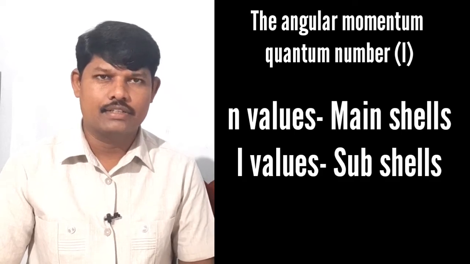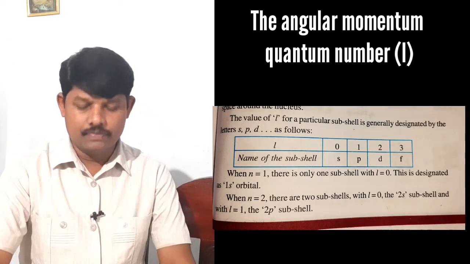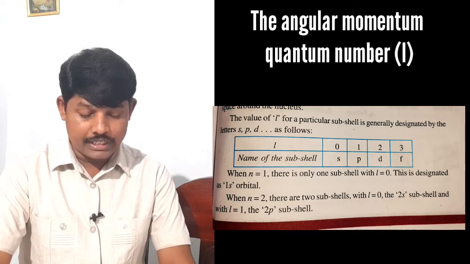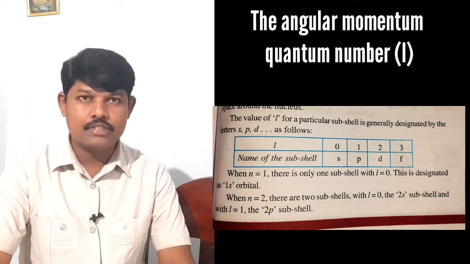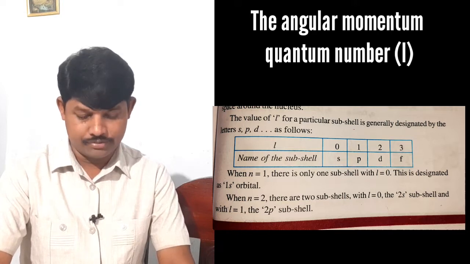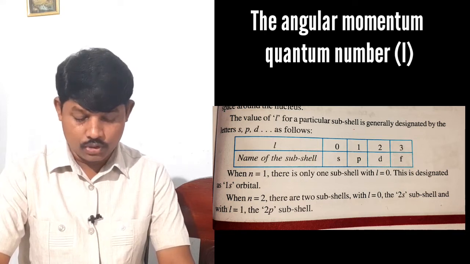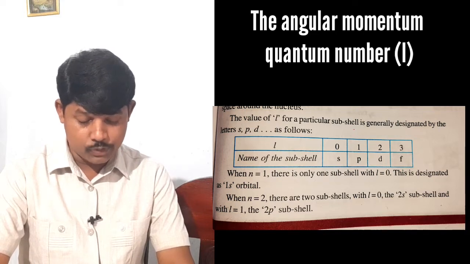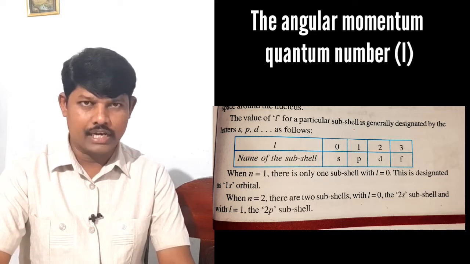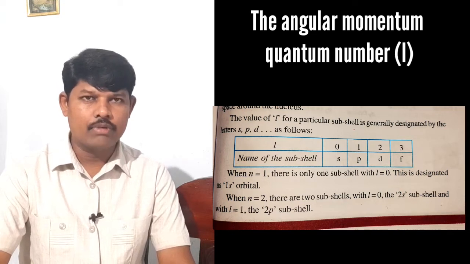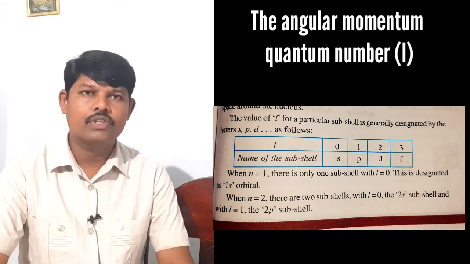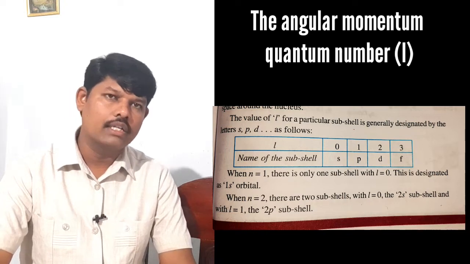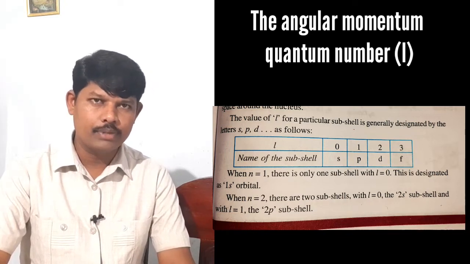Let us see the table given below. The value of l for a particular subshell is generally designated by the letters s, p, d, f as follows. You can observe the table, l and name of the subshell. If l is equal to 0, the subshell is s. If l is equal to 1, the subshell is p.